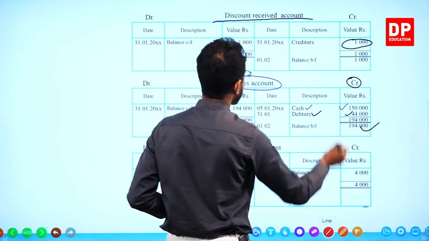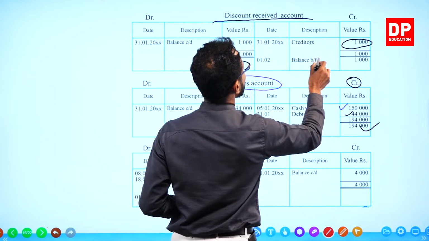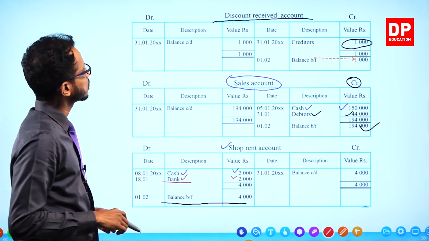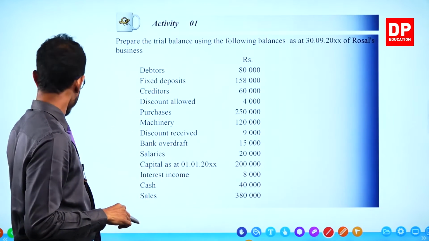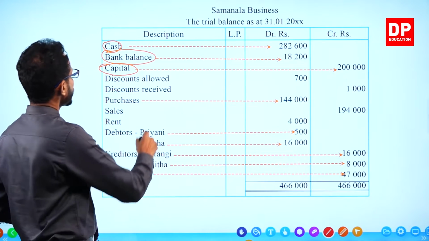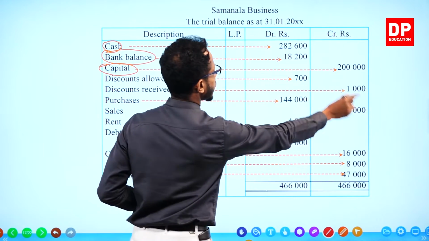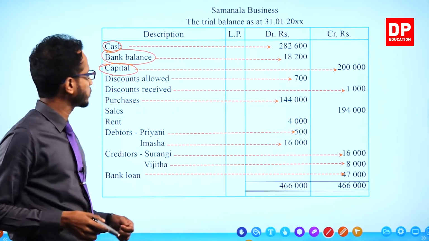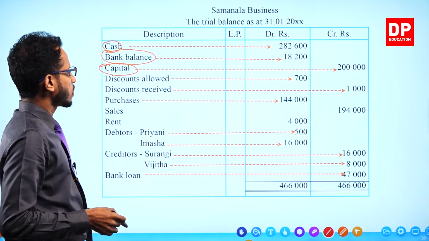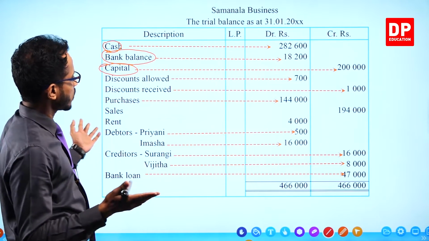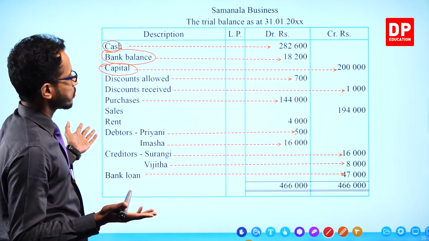Balance brought forward is in the credit side, 1,000. Okay, let's check. Discount allowed account, debit side. Discount received account, credit side. Both are there. Yes, that's it. We are done with all the, oh no, we have two more.